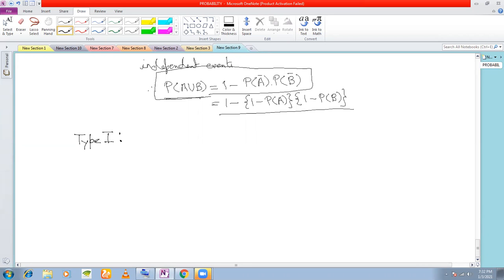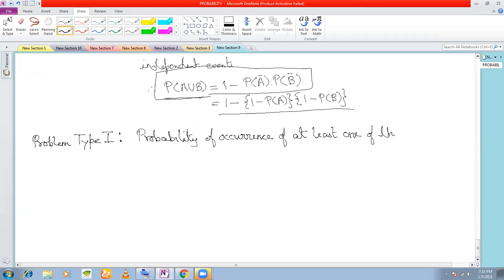Type 1 problem: probability of occurrence of at least one of the several events associated with a random experiment.